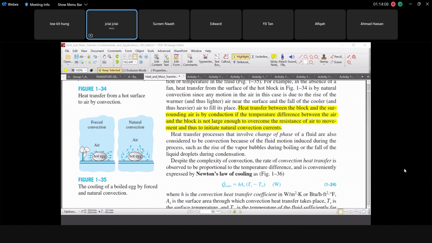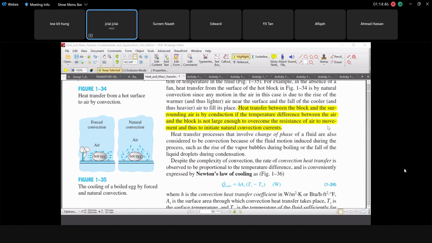The air near the hot egg surface is heated, and when the temperature of the air increases, its density decreases, so it tends to move upward. Unless the temperature is hot enough to heat up the air and form a flow big enough to overcome the resistance of air to move.